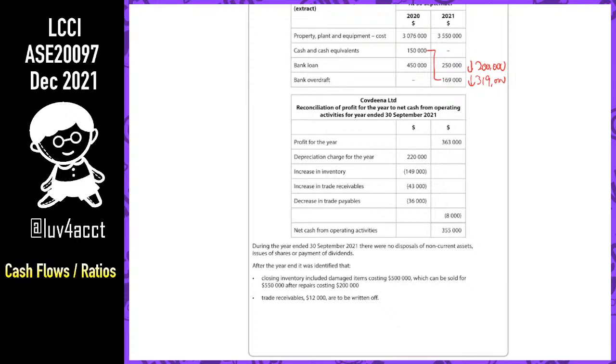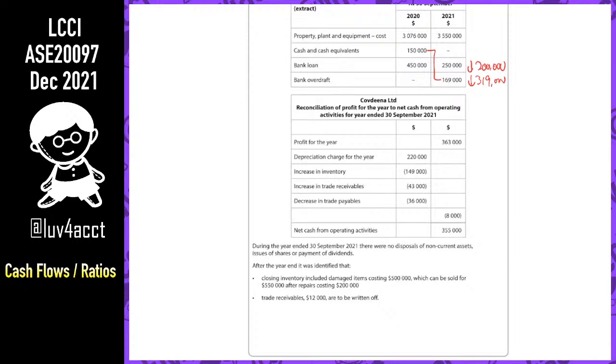After the year end, it was identified that closing inventory included damaged items costing 200,000, which can be sold for 550 after repairs.